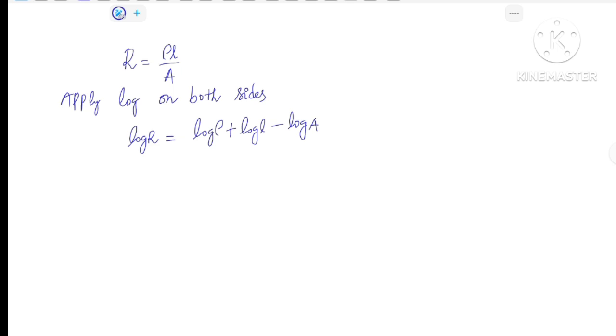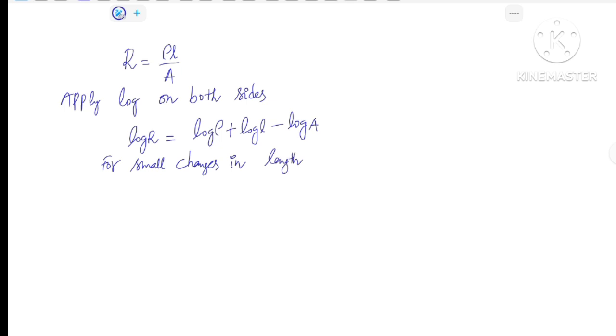Now I'm differentiating this. But before differentiating, first we need to know what is the parameter that we are changing, either length or area. So first, for small changes in length, how the resistance will change.